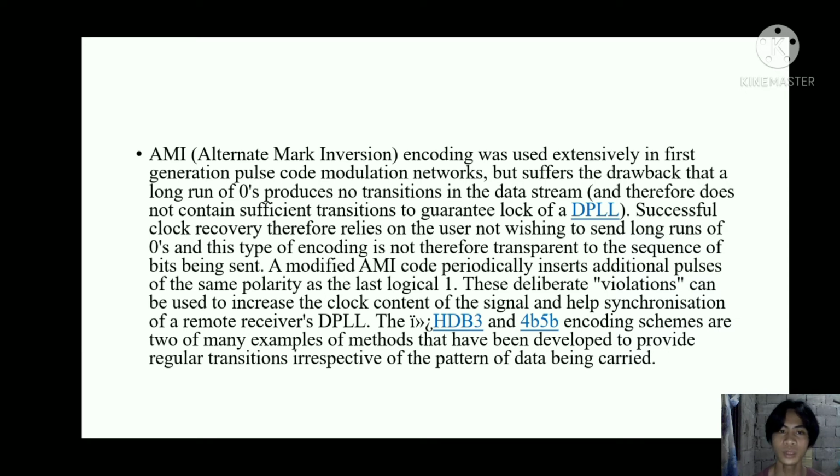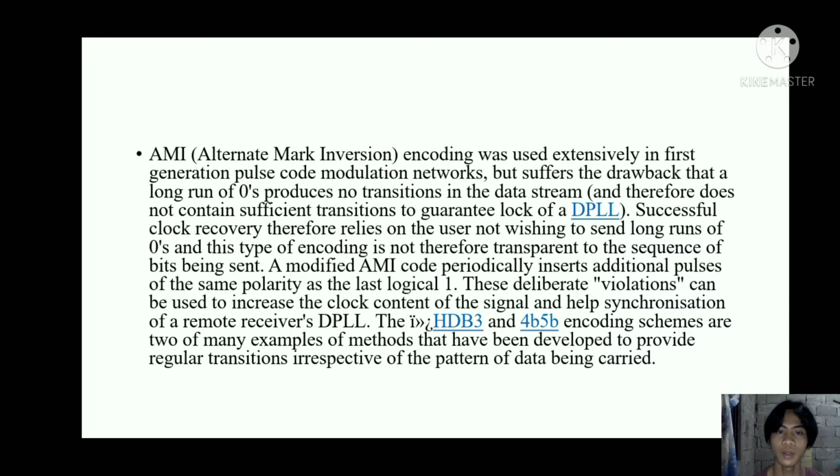Successful clock recovery therefore relies on the user not wishing to send long runs of zeros, and this type of encoding is therefore not transparent to the sequence of bits being sent.